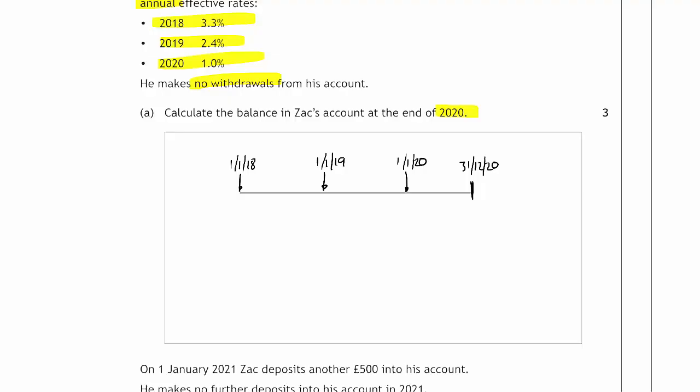Now what you've got is, remember, essentially that's 1 year, that's 1 year, and that's 1 year. Okay, we know from, again, you don't need to do all these fancy brackets, but it just helps me, right? So that's 3.3% from here to here, 2.4%, and then from here to here, that is 1%.